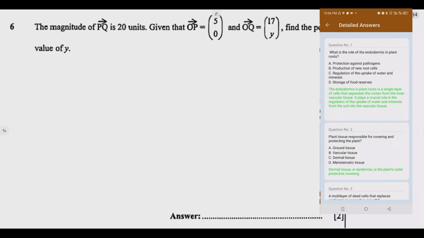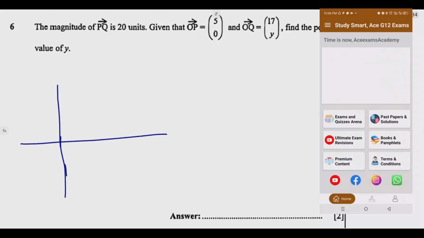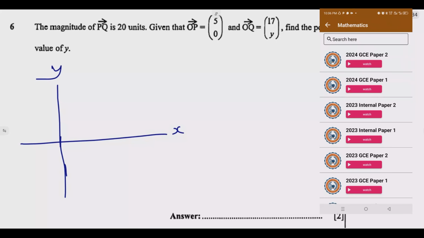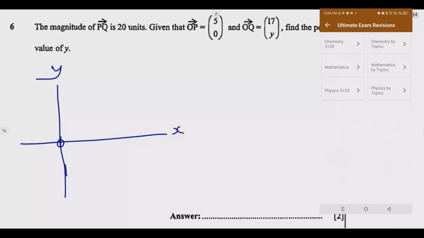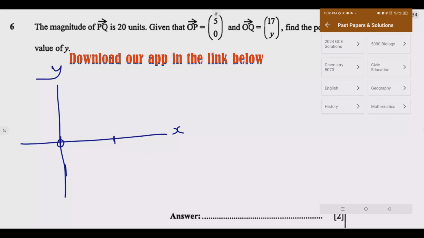What does this mean? You can do a sketch. In the sketch, you say this is x, this is y. So vector OP, from (0, 0), O to P, we are moving 5 steps in the positive direction along y equals 0.